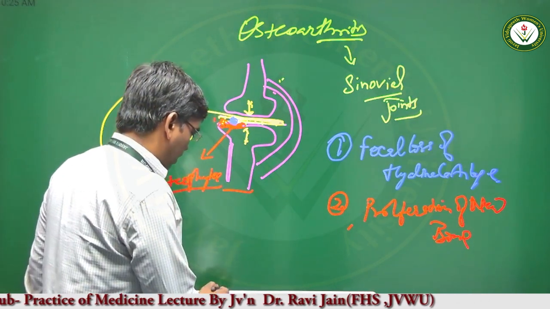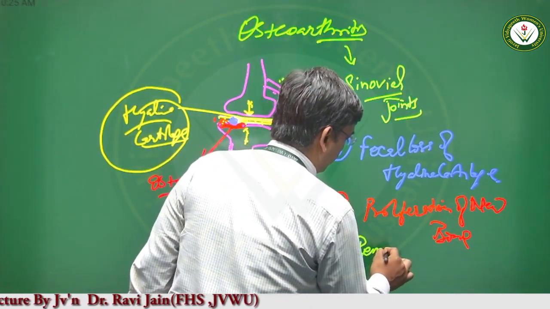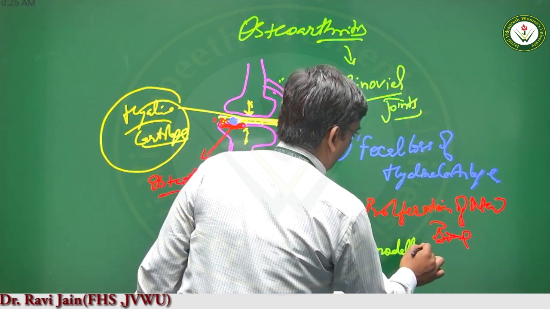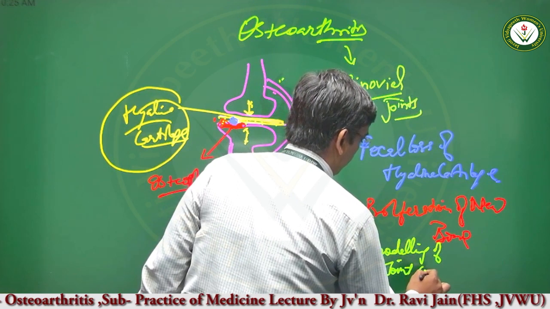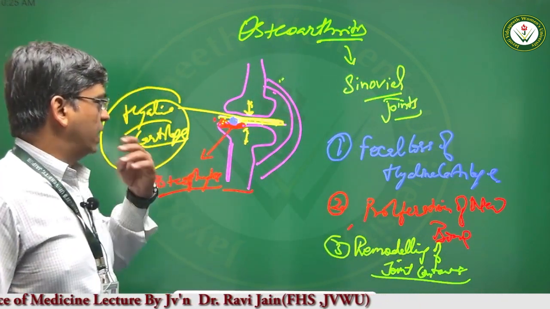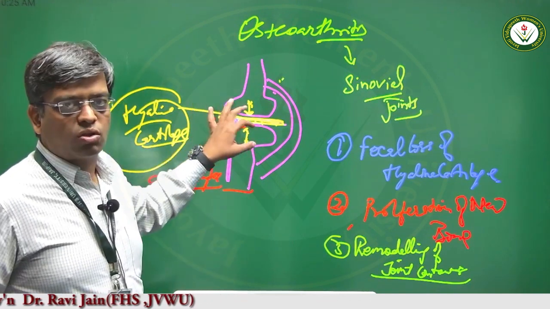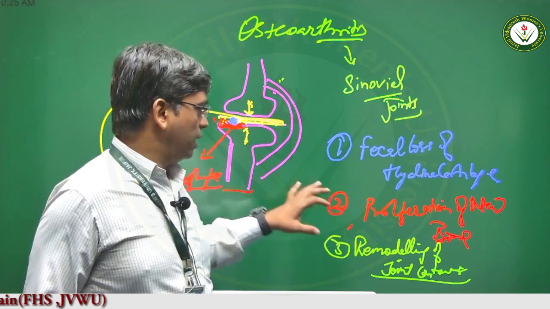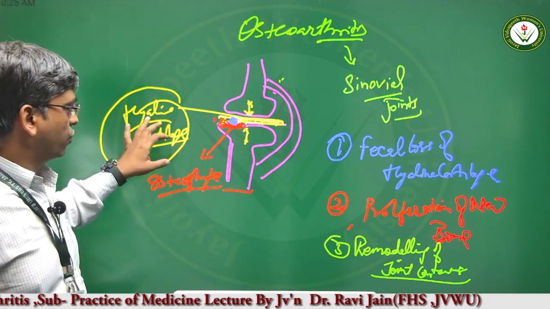The third point that occurs in this case is the remodeling of joint contour. So what is happening here is, number one, focal loss of the hyaline cartilage because of wear and tear. Second is proliferation of the new bone, and third is the remodeling of the joint contour.